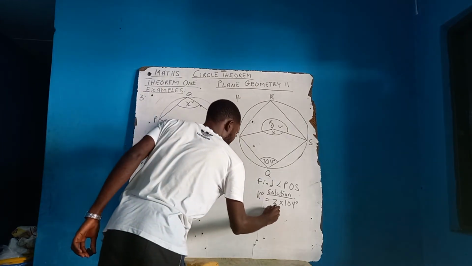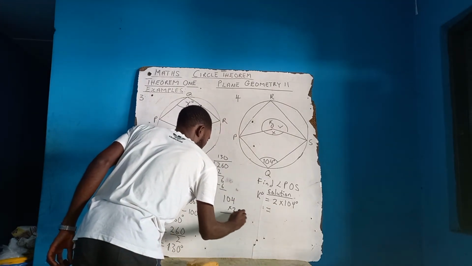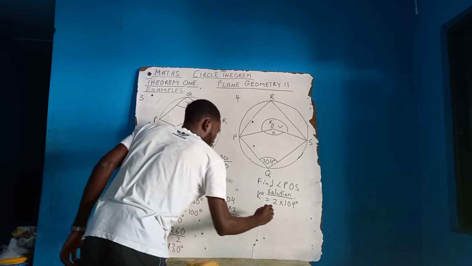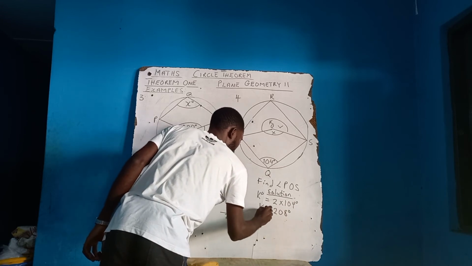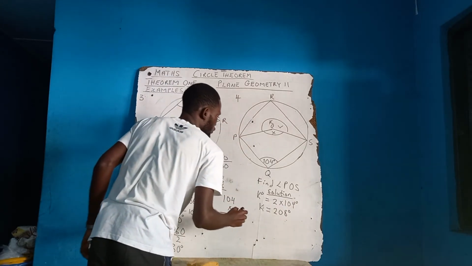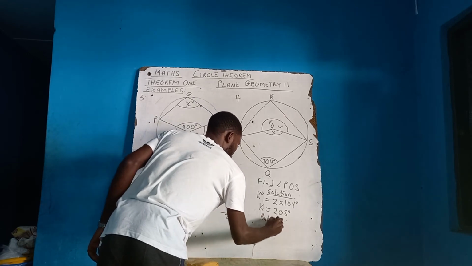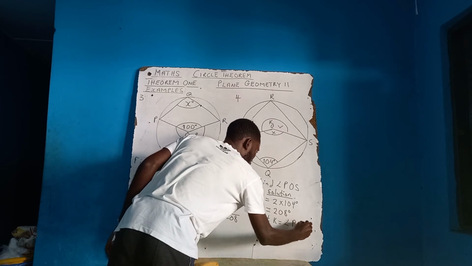So we multiply 104 times 2. So 2 times 4 is 8, 0, 2 times 1 is 2, so 208 degrees. But our K is also what? Angle POS.